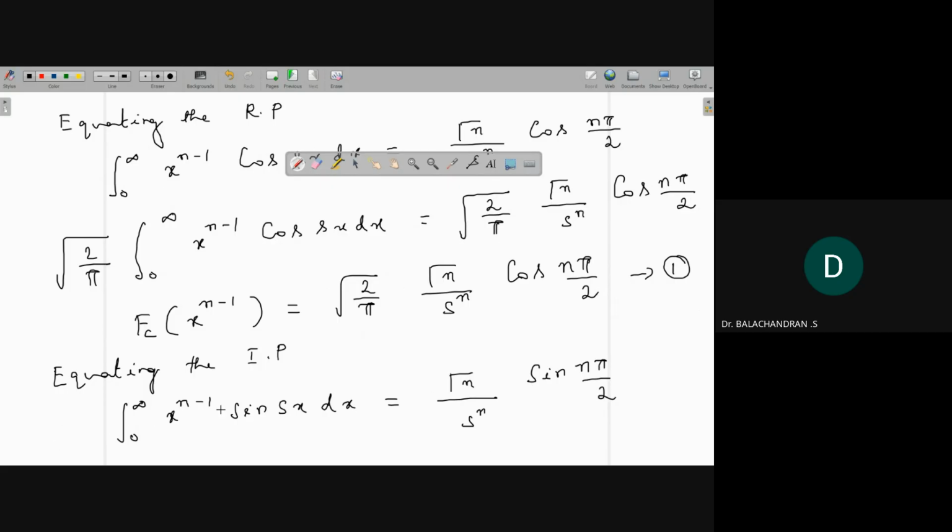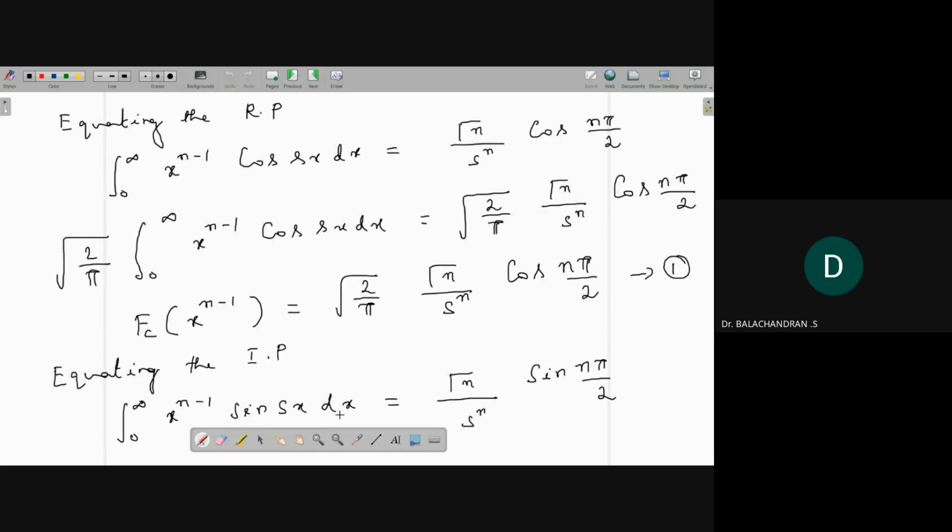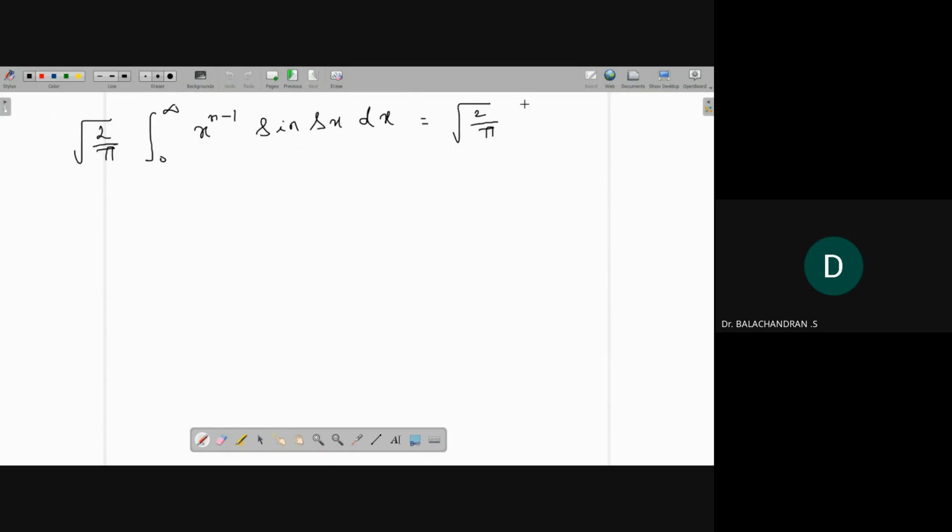Now again here I'm going to multiply both sides by root 2 by pi. Root 2 by pi integral 0 to infinity x power n minus 1 sine sx dx is equal to root 2 by pi, gamma of n by s power n, where the numerator is gamma of n into sine n pi by 2.